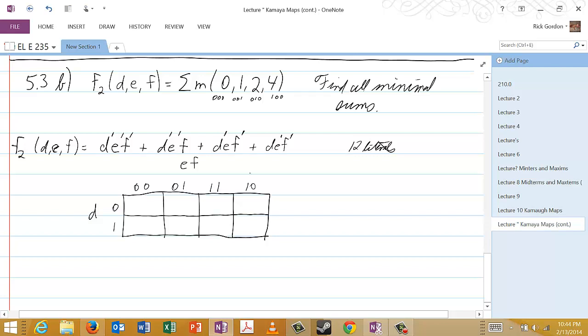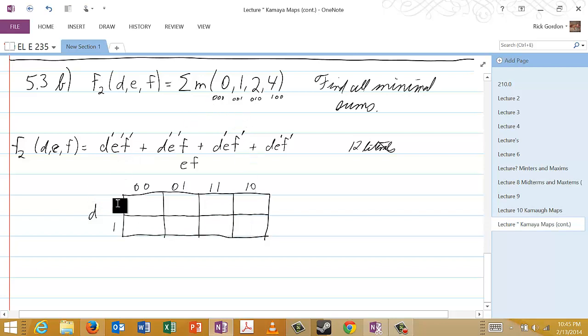And now once again, as was the case before, when we actually want to put the ones in the Karnaugh map, it's easiest to go back here to the decimal notation and to recall again 0, 1, 2, 3, 4, 5, 6, 7.